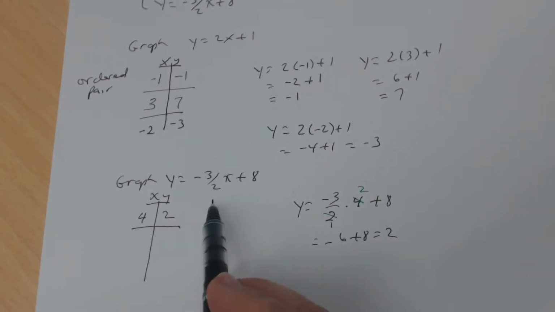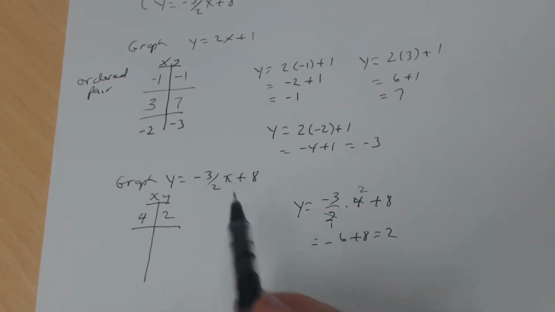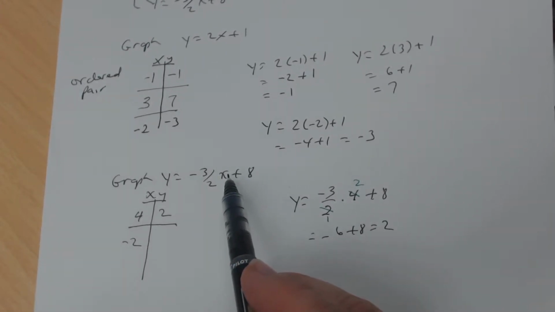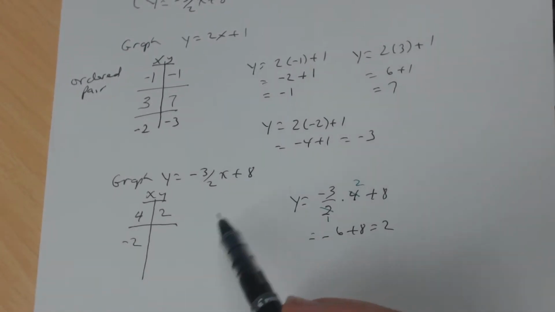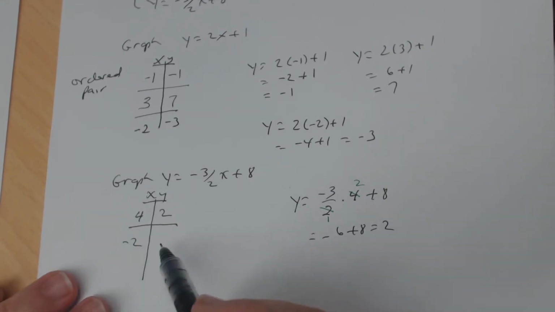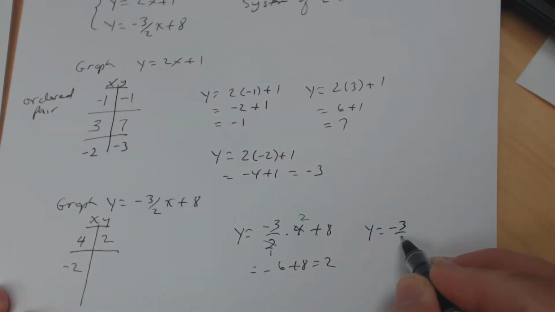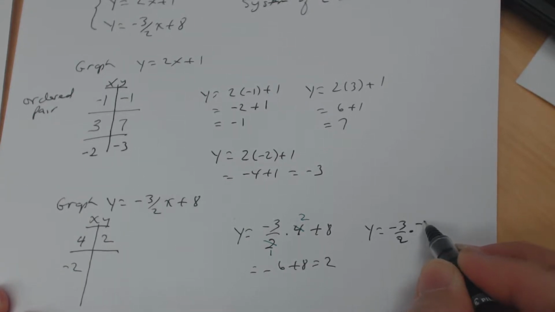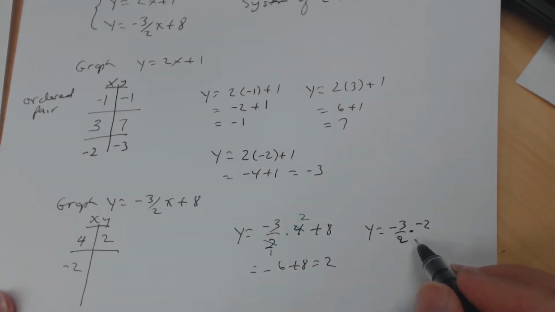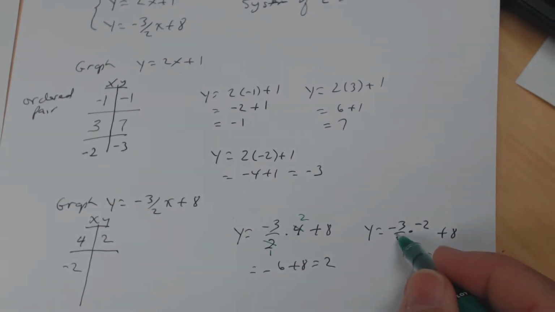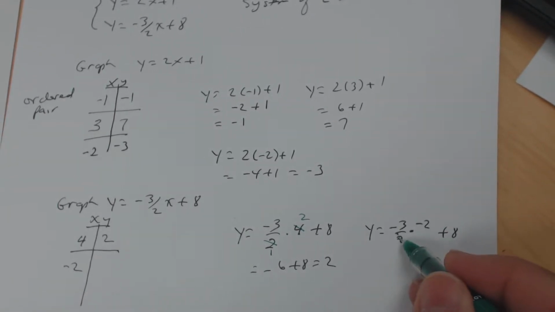All right, if I pick, let's say, x to be negative 2, here's what happens. I get y equals negative 3 halves times a negative 2 plus 8. So this 2 and negative 2, they're both divisible by 2.